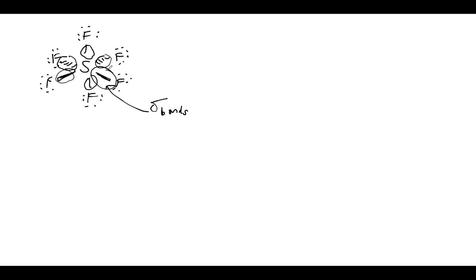So we're going to assume that a 2p from the F interacts with something on the S. Well, what is that something on the S? It's the sp3d2 hybrid orbital that comes out of needing these 6 directional regions of electron density.